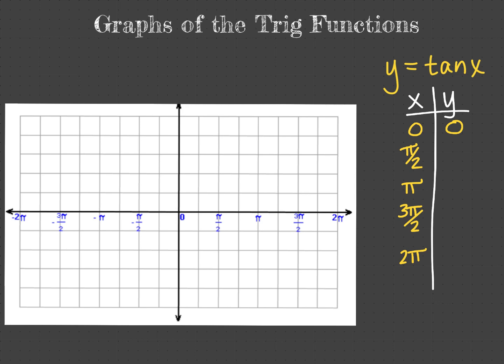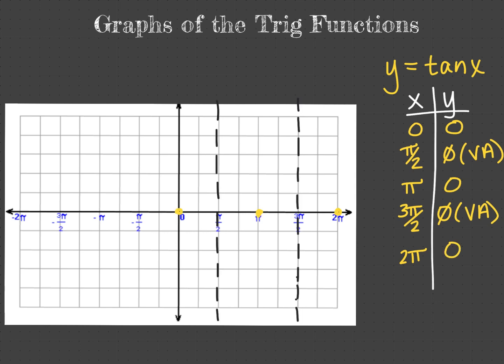So essentially, it's undefined there, but anytime we have a cosine value of 0, our tangent will be undefined, since that would make 0 in the denominator. So here, we have a vertical asymptote. At pi, our tangent is 0. At 3 pi over 2, our tangent is undefined, giving us a vertical asymptote in the graph, and at 2 pi, our tangent is again 0.